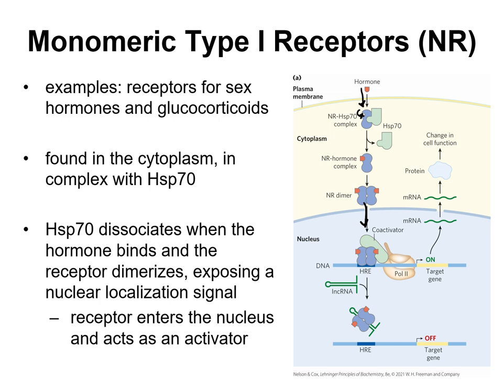The dimerization of those receptors is what exposes that nuclear localization signal, the NLS. And if you remember, we talked about that when we talked about post-translational modification and processing of proteins. So it's that same nuclear localization signal that gets exposed that allows this dimer to enter the nucleus.